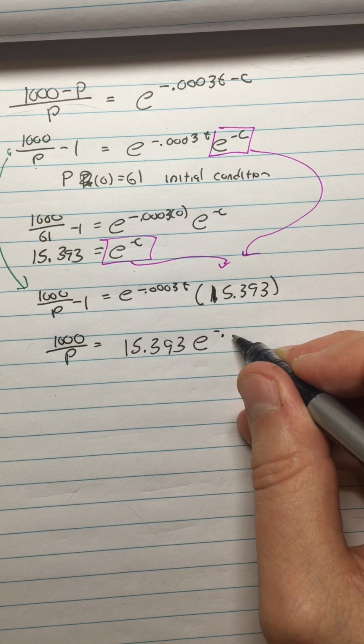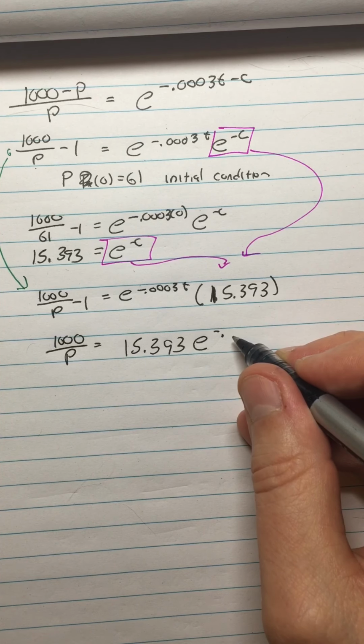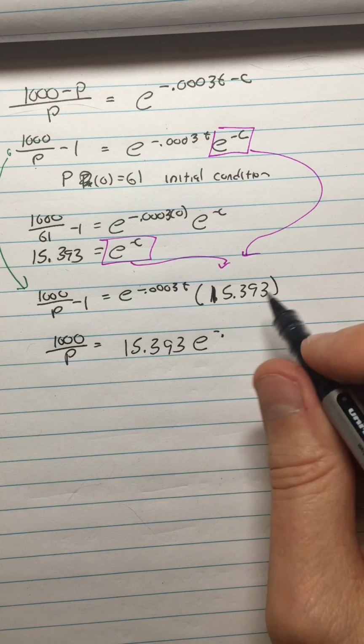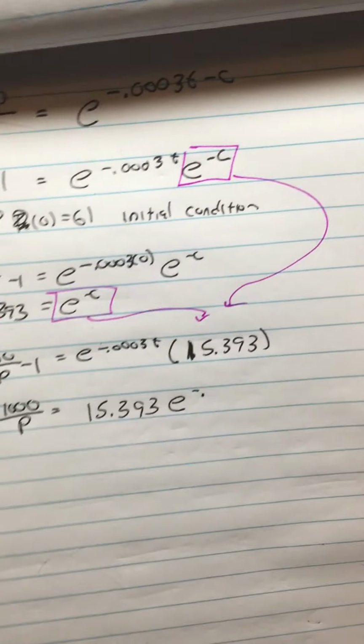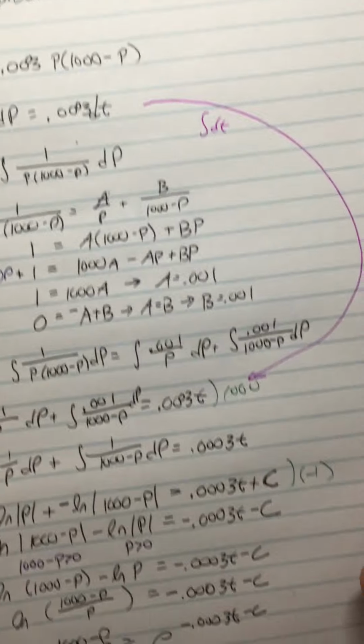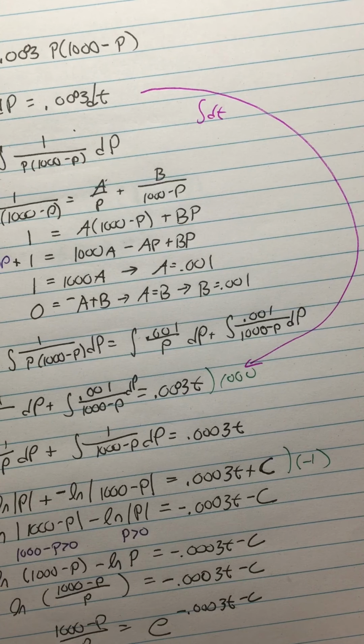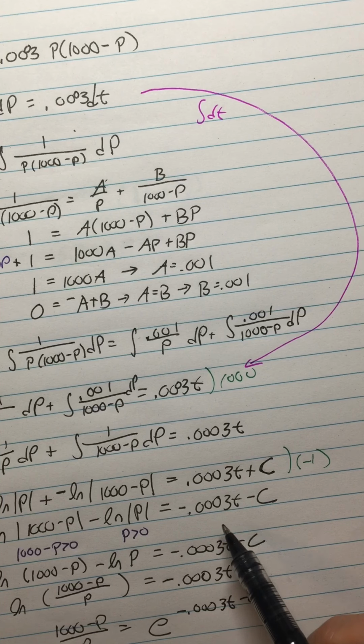That's interesting. Why do I have negative 0.3 instead of 0.0003? Oh, because we actually changed it to 0.3, didn't we? We changed that way back here. So then everything that follows that is wrong.